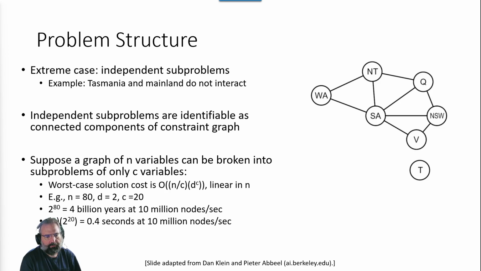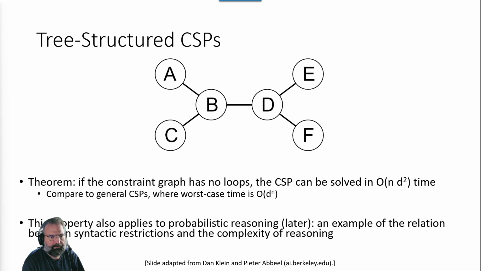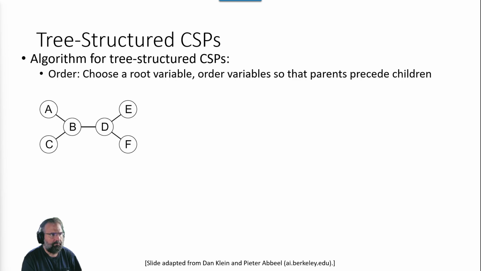So your worst case solution is big O of N over C times D to the C. So generally speaking, it's potentially doable, but it is going to take a while, right? So when we start dealing with such things, we may be looking for other ways of breaking them down.